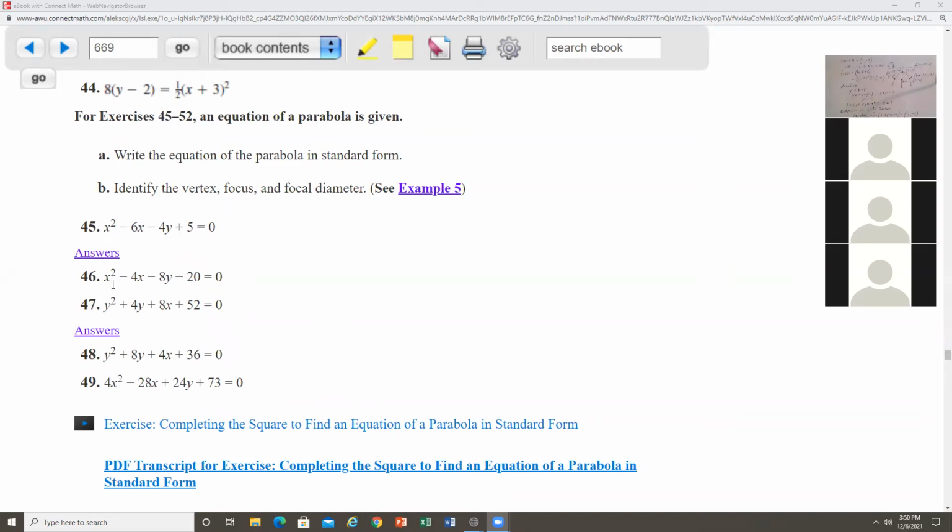They're all in what form? 45 through 49. They're all in general form. So the first thing we need to do is complete the square on the relevant variable to hammer these equations into standard form. And I wanted to demonstrate at least one.